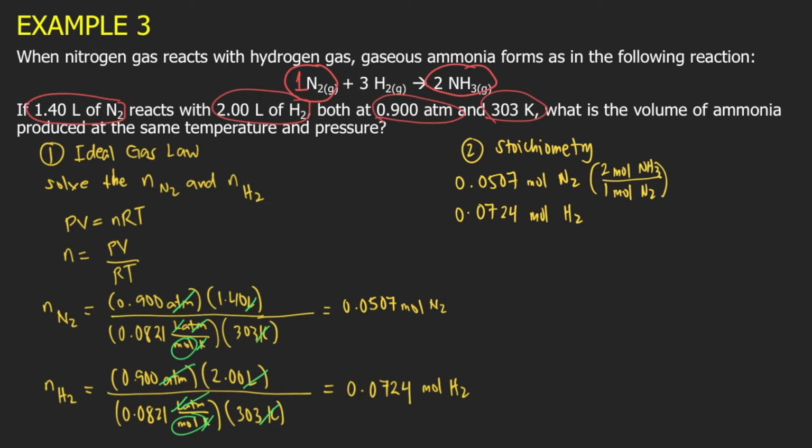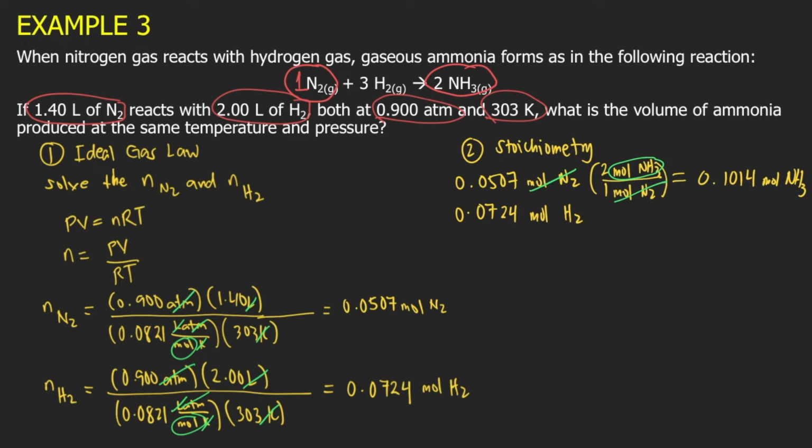So the moles of N2 will cancel. Now you have moles of NH3. And if you solve this, 0.0507 times 2, this is equal to 0.1014 moles of NH3.